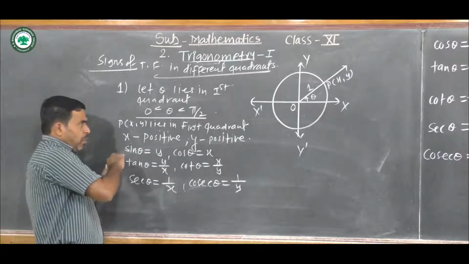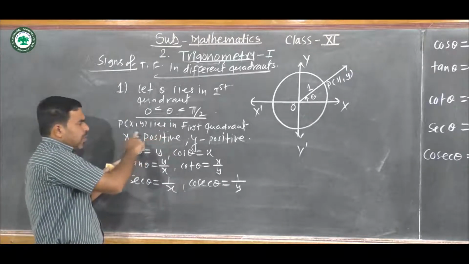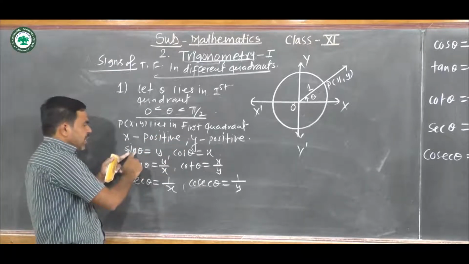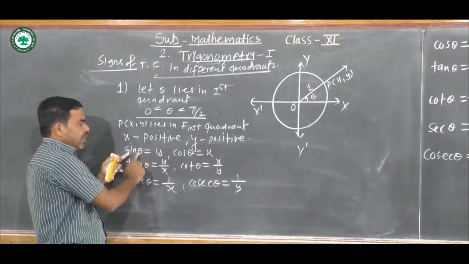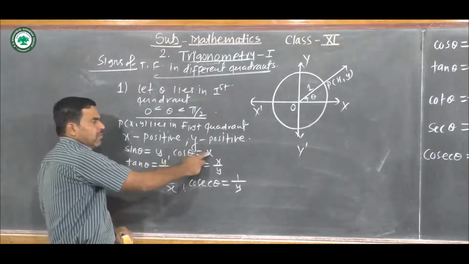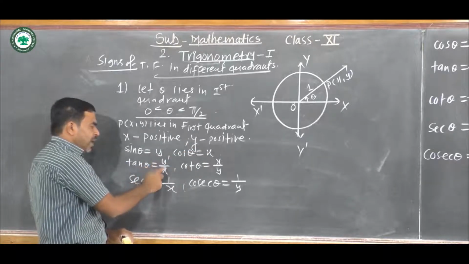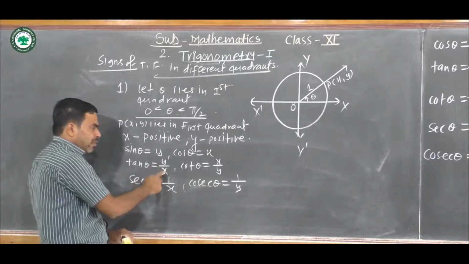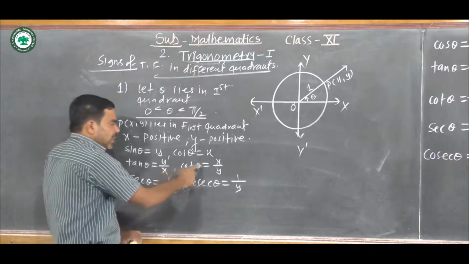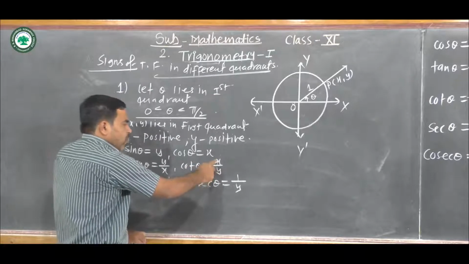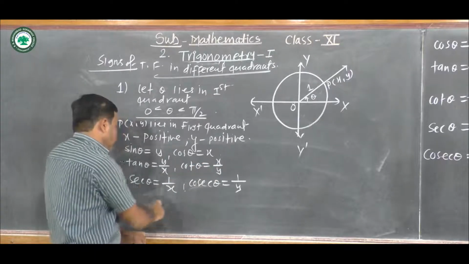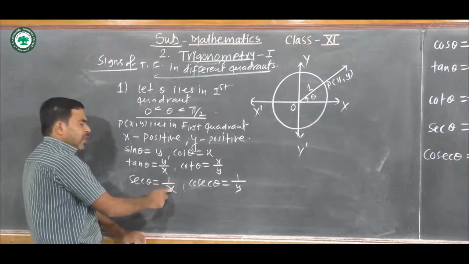So in first quadrant, x is positive, y is positive, so sin theta is equal to y, means sine ratio positive. Cos theta is equal to x, means cosine ratio positive. Tan theta is equal to y divided by x, positive divided by positive, positive. Cot theta is equal to x upon y, positive. Sec theta is equal to 1 upon x, positive.